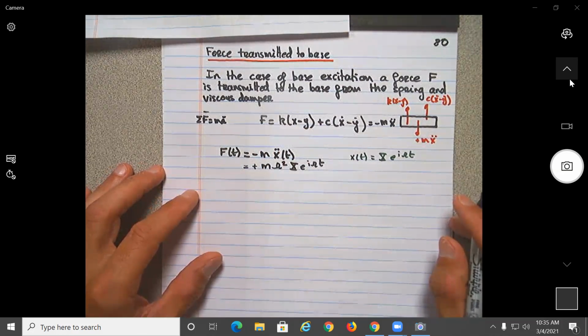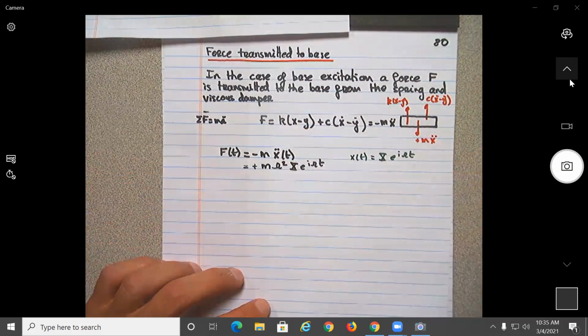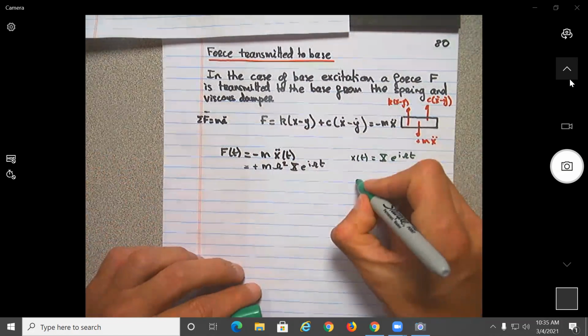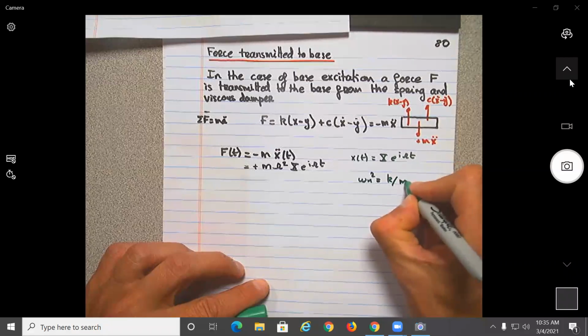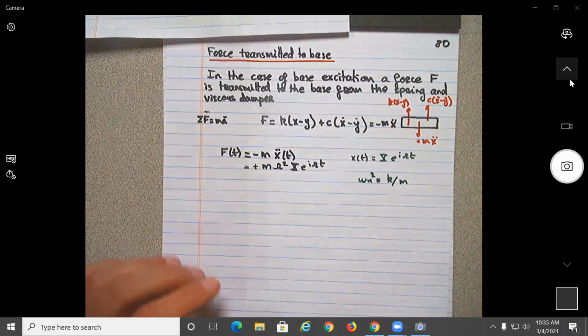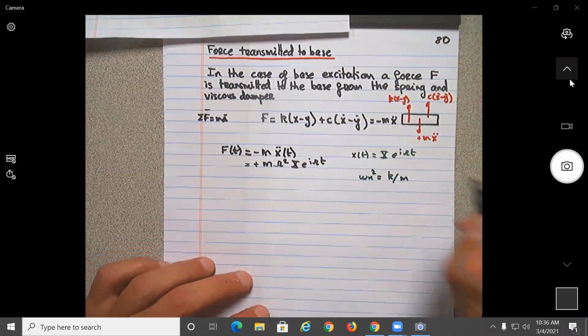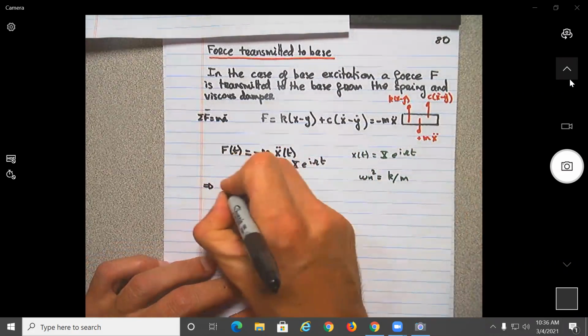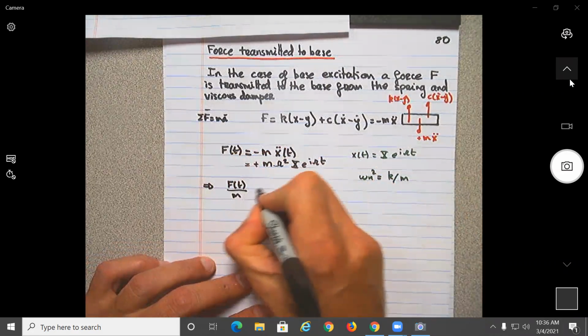So next, what we're going to do is just notation, okay? Using the fact that omega n squared equals k over m, which is the natural frequency, we can rewrite this as f of t over m.